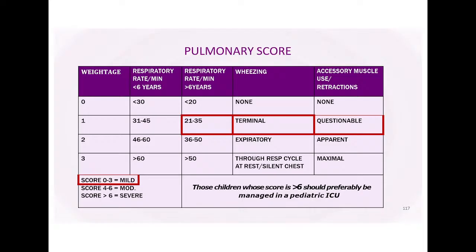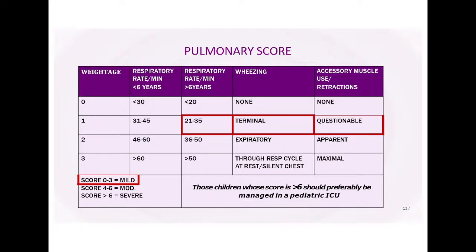Arpit has a respiratory rate of 28, so it comes to a score of 1. Wheezing, we can see in Arpit there is terminal wheezing, not whole expiration. But if wheezing involves both whole expiration and inspiration, or silent chest, then it comes to a score of 3. So terminal wheezing is score 1, whole expiratory wheeze is 2, and throughout the respiratory cycle, inspiration and expiration both, or silent chest, is 3.